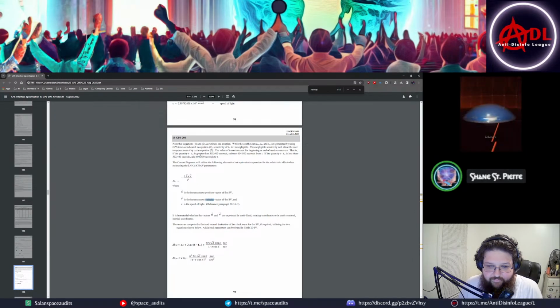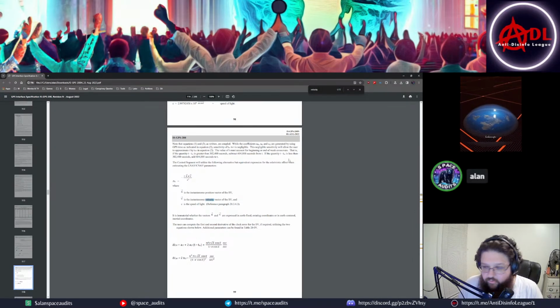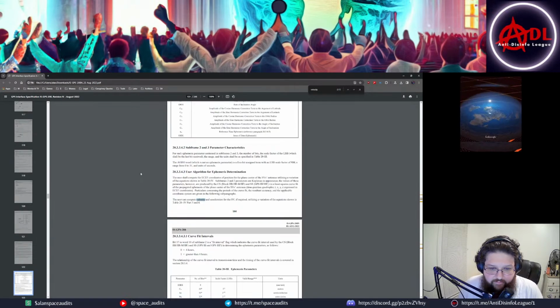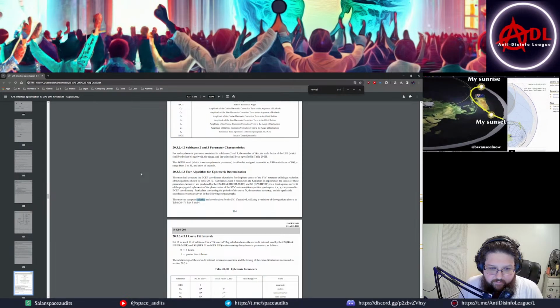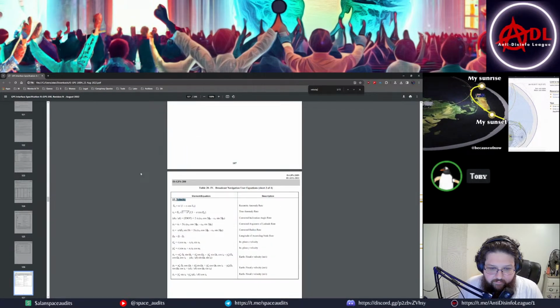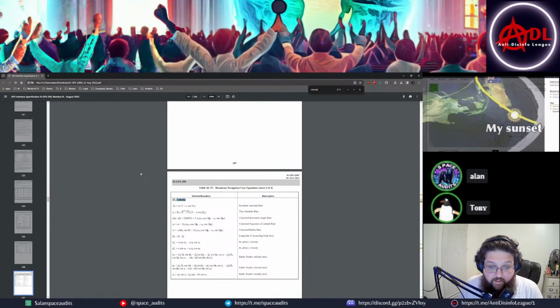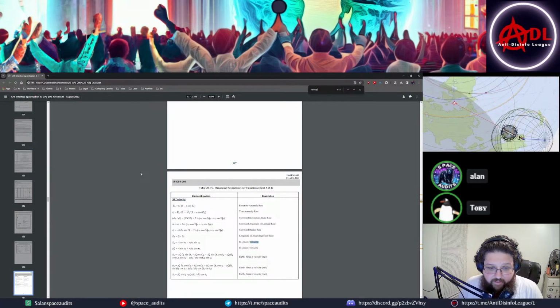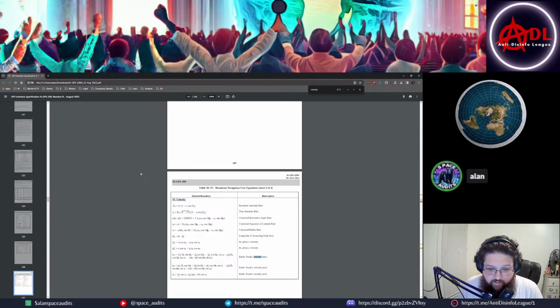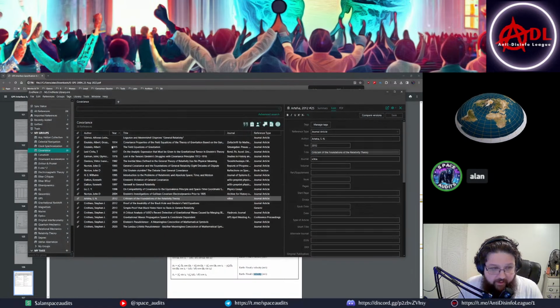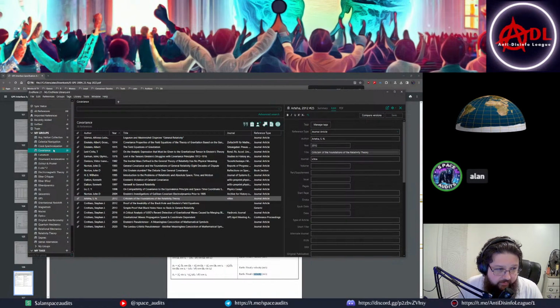What are we looking at now? A new ICD that Eric just sent me. It's a GPS document, the government one. I'm just looking to see how they have it rotated, because I got a couple here.